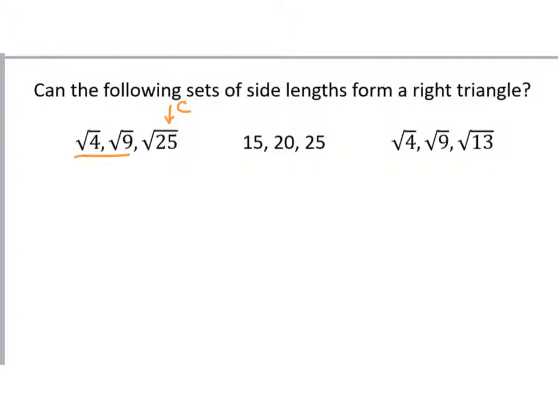So I'm going to do the square root of 4 squared plus the square root of 9 squared. And I want to know, does that equal the square root of 25 squared? That's a 5. Doesn't really look like it, but trust me, that's a 5 right there.